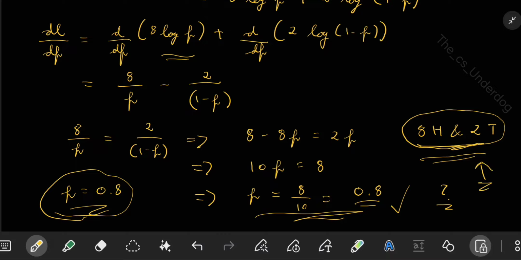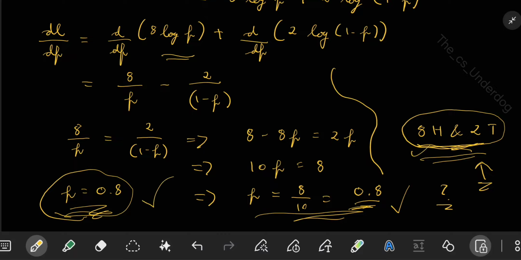So at this point you can think, okay, if you simply told me you got 8 heads and 2 tails, I would have directly told that 0.8 should be the probability for the coin. That should be the bias. But the point is, I purposefully took an example which is easier for you to understand, so that once I complete this maximum likelihood estimation, you should be convinced that whatever I reached finally is actually the correct answer.